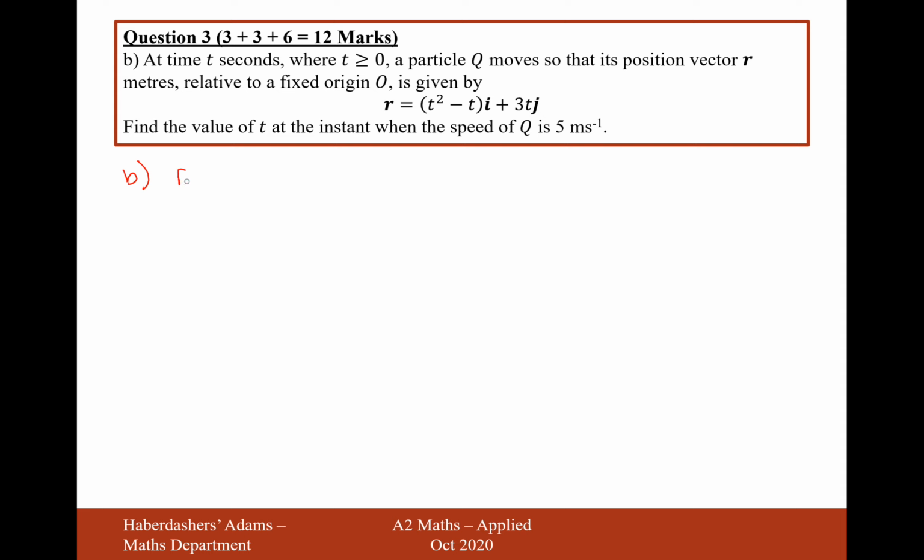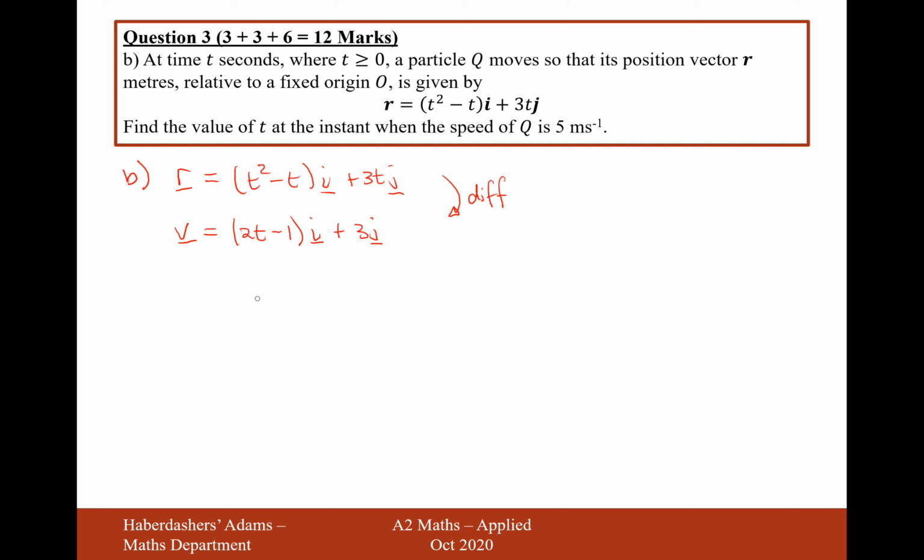So if we're given a position vector, such as (t squared minus t) lots of i plus 3t j, then to work out the speed, we first need velocity, and if we've got position and we need velocity, we differentiate. So that's going to become 2t minus 1 on the i component and 3j on the j component.